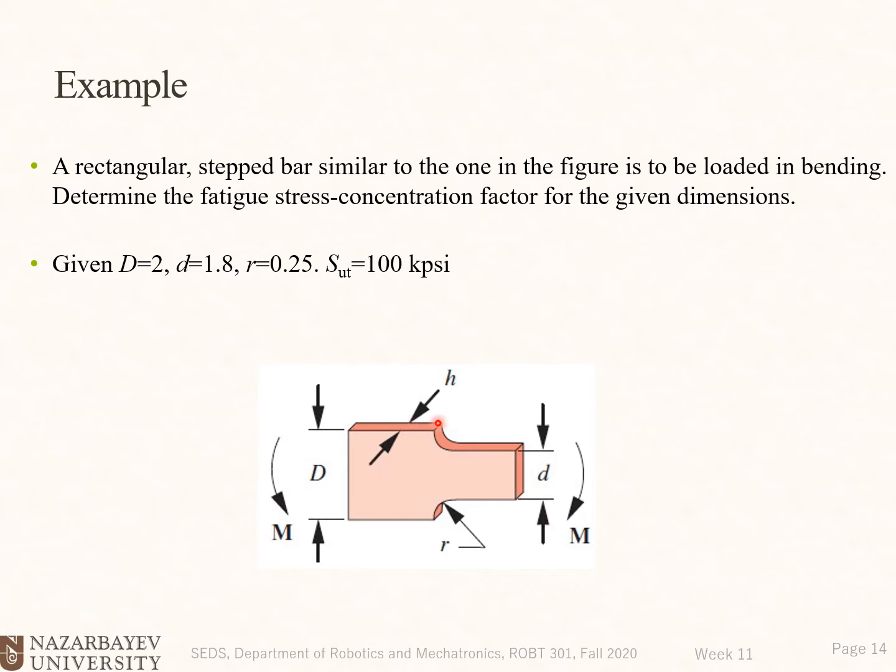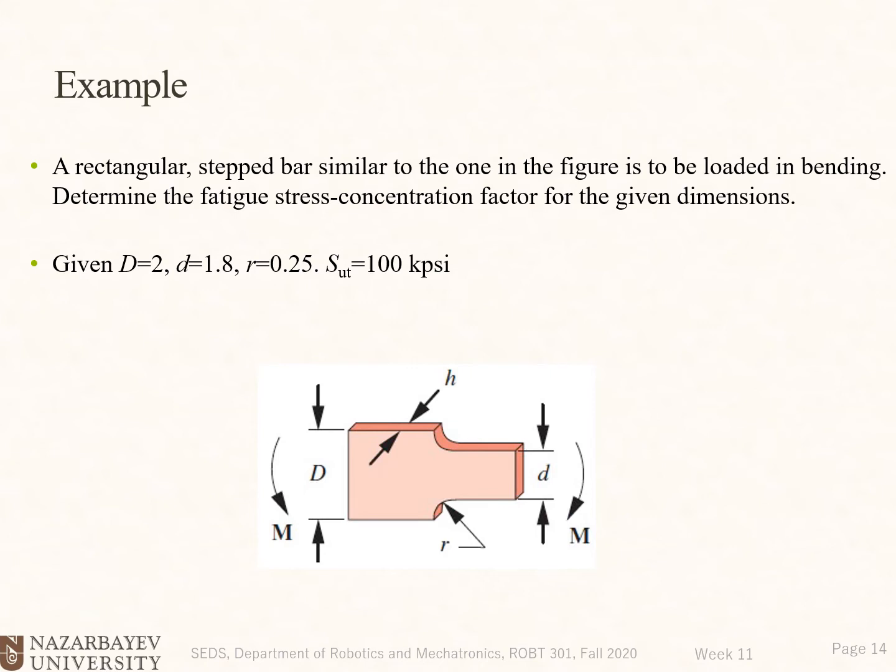Okay, for these three cases, what you should do, first, is calculate Kt, which is the geometric stress concentration factor, based on the appendixes of the book, based on those graphs and tables you have for the geometric stress concentration factor. Then you need to calculate notch sensitivity, and for that you need Neuber's constant.